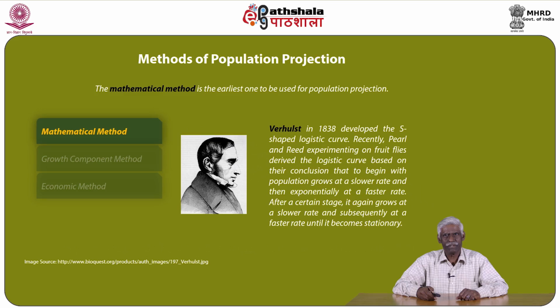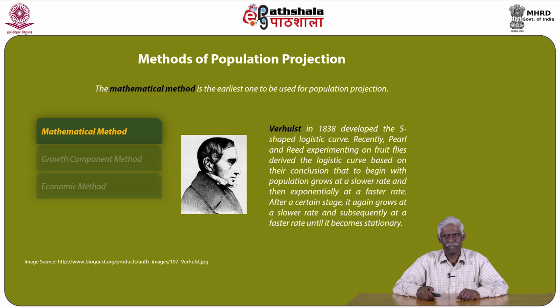Verhulst in 1838 developed the S-shaped logistic curve. Recently, Pearl and Reed, experimenting on fruit flies, derived the logistic curve based on their conclusion that to begin with, population grows at a slower rate and then exponentially it increases at a faster rate.